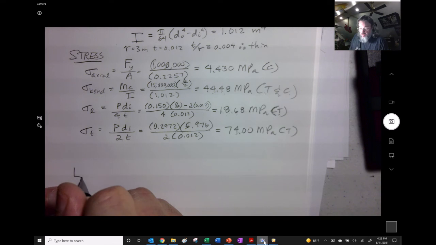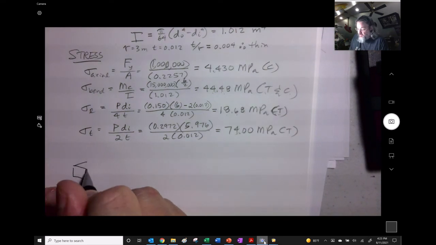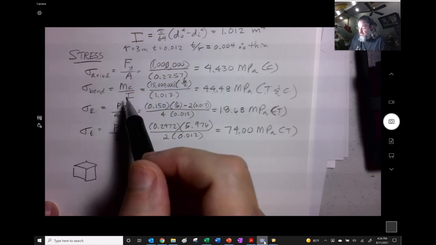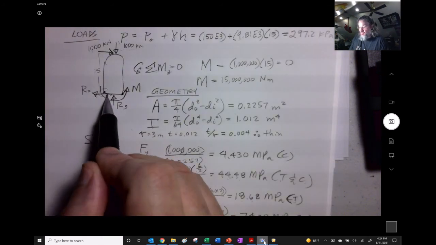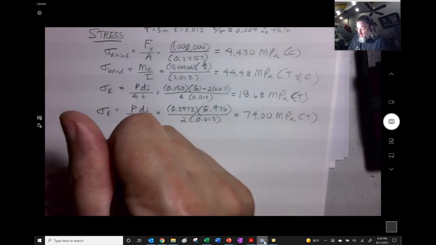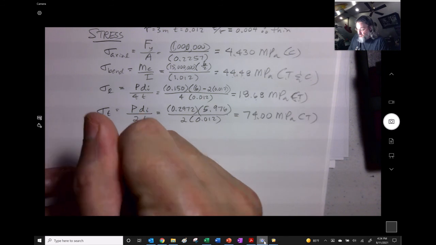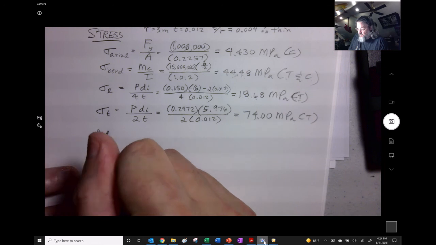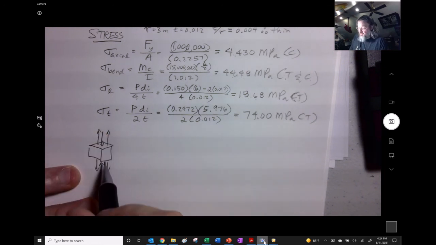So if you're looking at a little cube that's taking place right there on the wall, we're going to say it's over on this wall over there. We have a compression coming down there, we have tension, and we have tension. Right? That's in the Y direction.